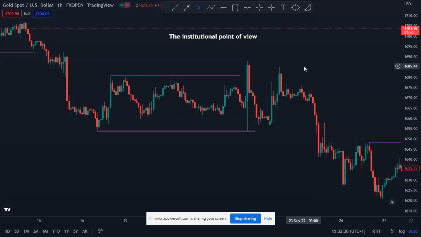this manipulation and distribution. We shall be looking at markets in a different way. We are going to be finding what could be the possible reasons behind these manipulations, because it's good to trade when you know what you're trading, and you need to know why certain things happen in the market.